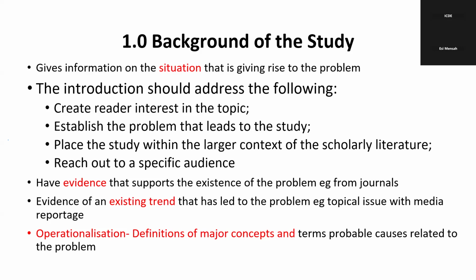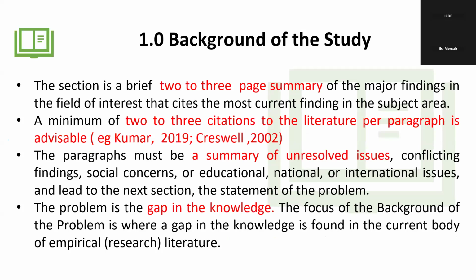So this is, in a nutshell, what the background requires. It requires that you create interest, establish the problem, situate the study within the larger literature, provide evidence of the existence of the problem, provide evidence that it is an existing trend or a topical issue with a lot of media attention, and also operationalization of all terms in the area.